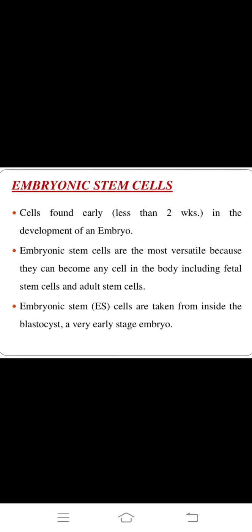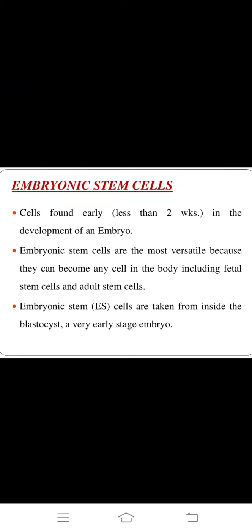They give rise to three primary germ layers: ecto, endo, meso. They can develop into more than 200 cell types of the adult body, which is called embryonic stem cells. Okay, first cells found early, less than 2 weeks in the development of the embryo.